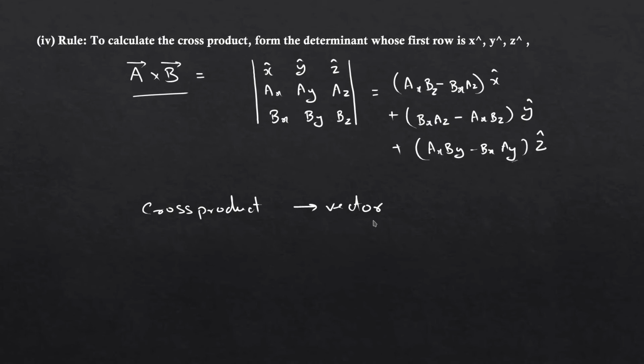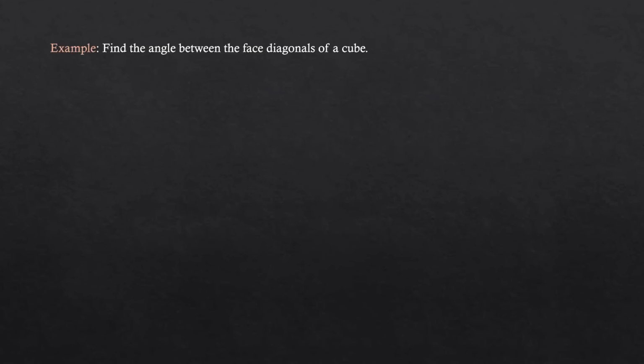Okay, so let's see some examples. Suppose we want to find the angle between the face diagonals of a cube. So what is a face diagonal? First let's draw a cube. Here is our coordinate system.